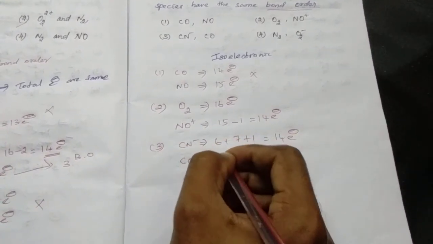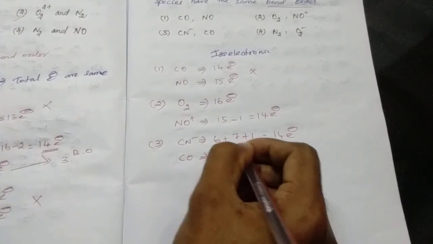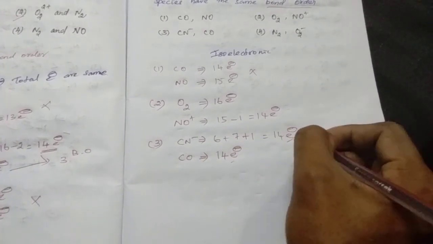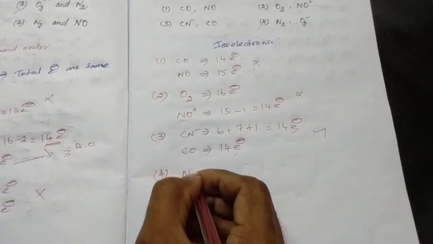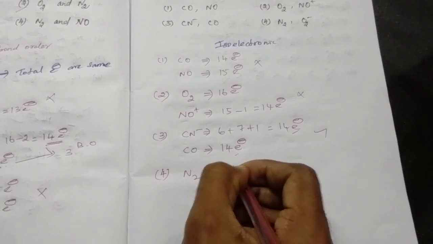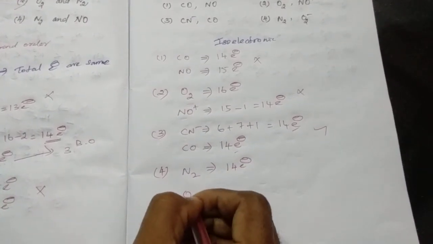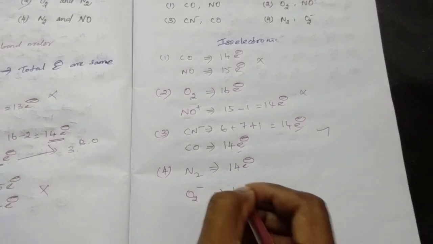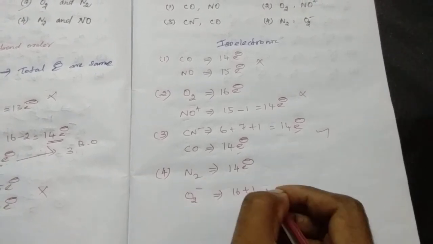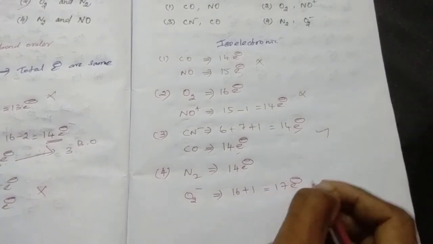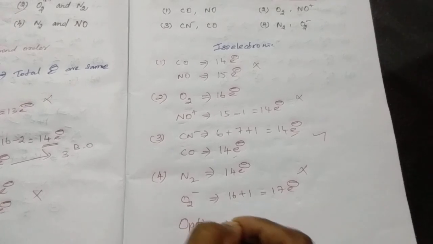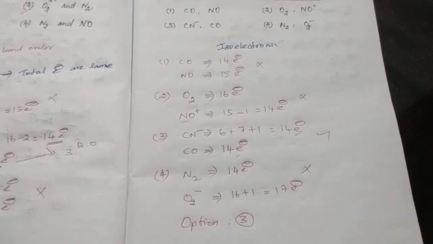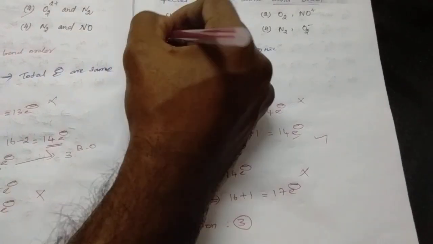CO, carbon monoxide, we already calculated 14 electrons. So both have the same. Option 4, N2, nitrogen 14 electrons; O2 minus, oxygen 16 plus 1 negative charge, so 17 electrons. So both are not equal. So option 3 is the correct answer.